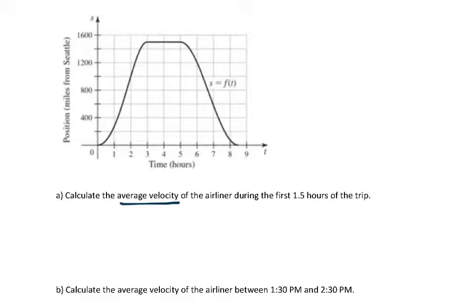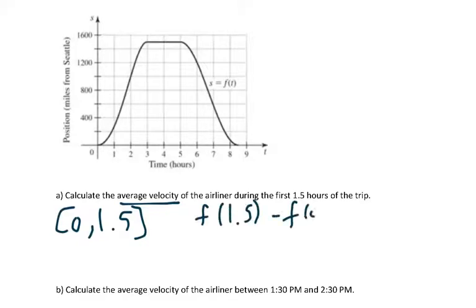So during the first 1.5 hours of the trip, I start at time 0, and I go to time 1.5, and I want the average velocity. So remember, average velocity is just like slope. So I'm going to find f of 1.5 minus f of 0 divided by 1.5 minus 0. And I'm going to go to 1.5 on my x-axis, and I'm going to look for the y value. It looks to be about 600.